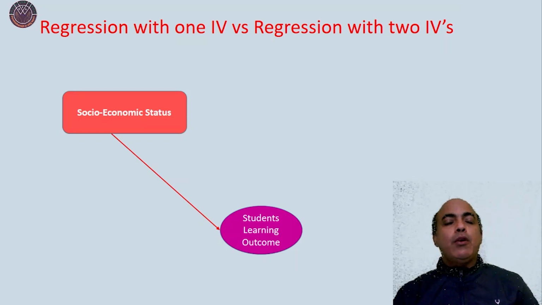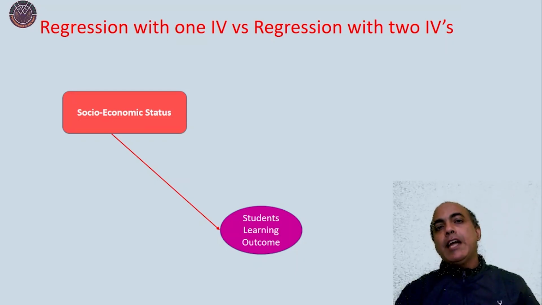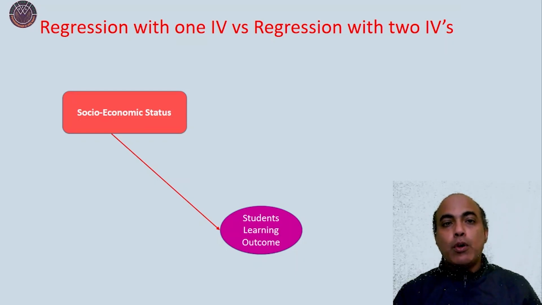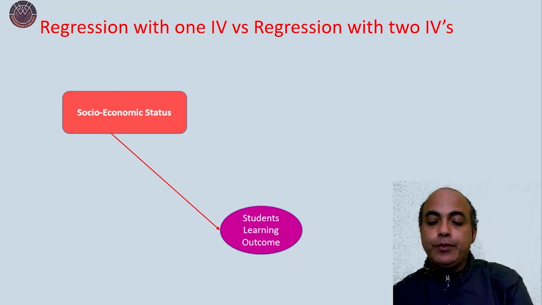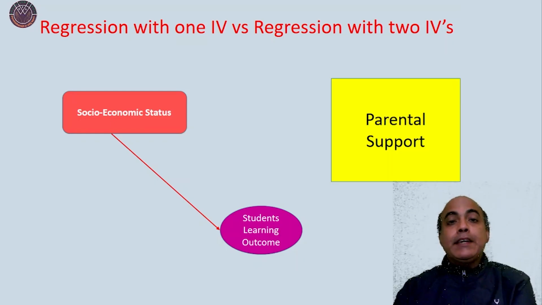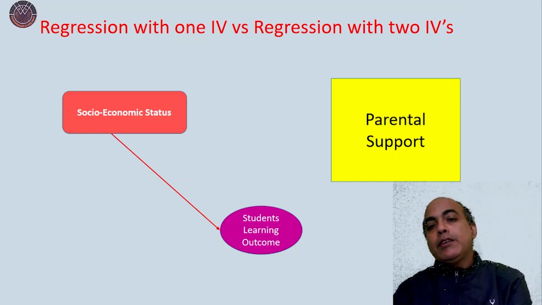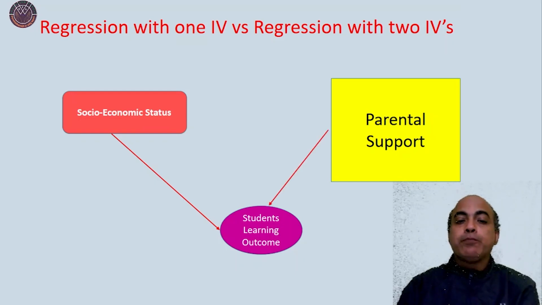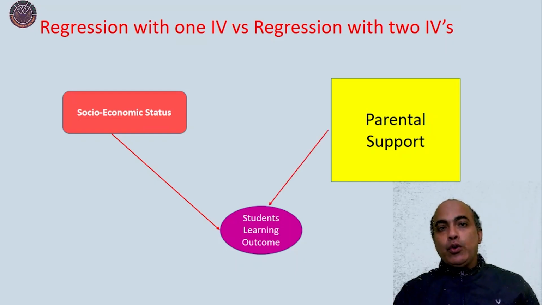But many of us must have the feeling that it is not only socioeconomic status, but the students' parental support is also important whenever we talk about students' learning outcome. So here we have two independent variables.